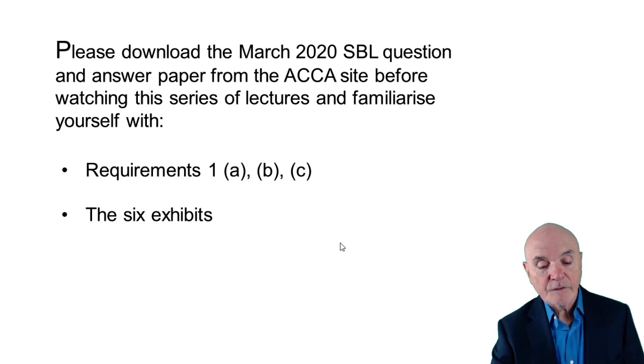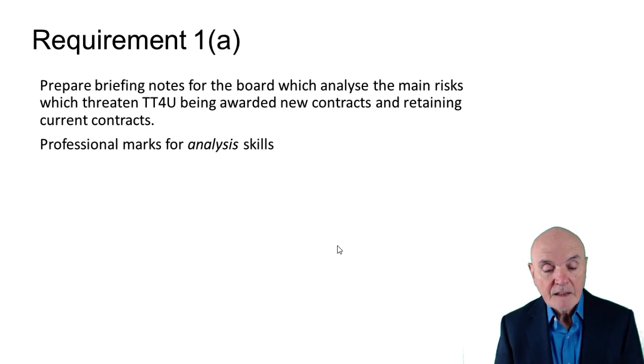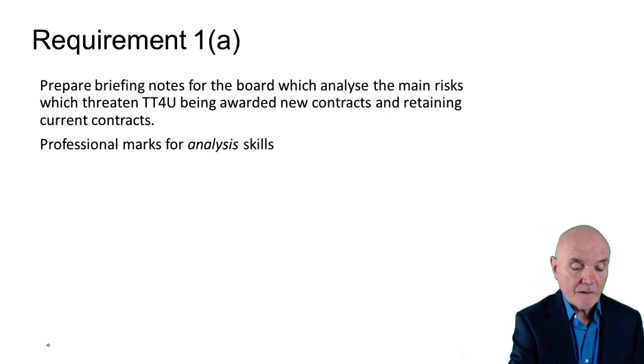So the first requirement which we have here, 1A, is to prepare briefing notes for the board which analyse the main risks which threaten TT4U being awarded new contracts and retaining current contracts.